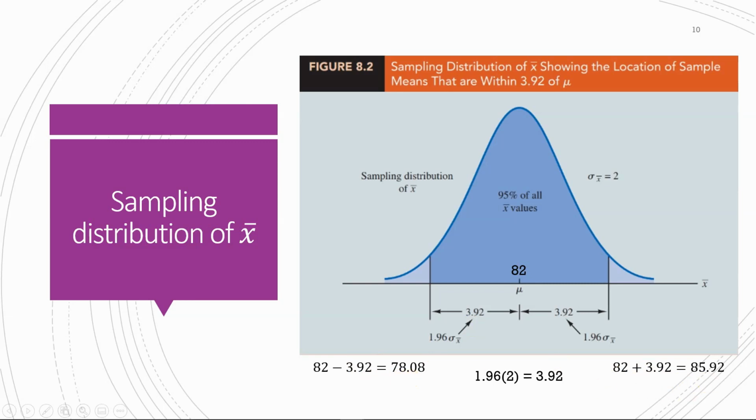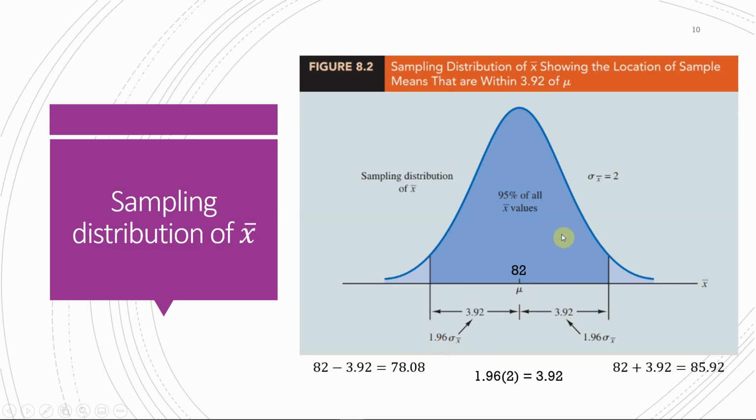So basically, what I'm showing you is how to create that interval estimate and where these numbers come from. You have your point estimate, and then we say, okay, we want to be 95% confident. We want 95% of all those x values to fall within this region, which is 1.96 standard deviations away from the mean.